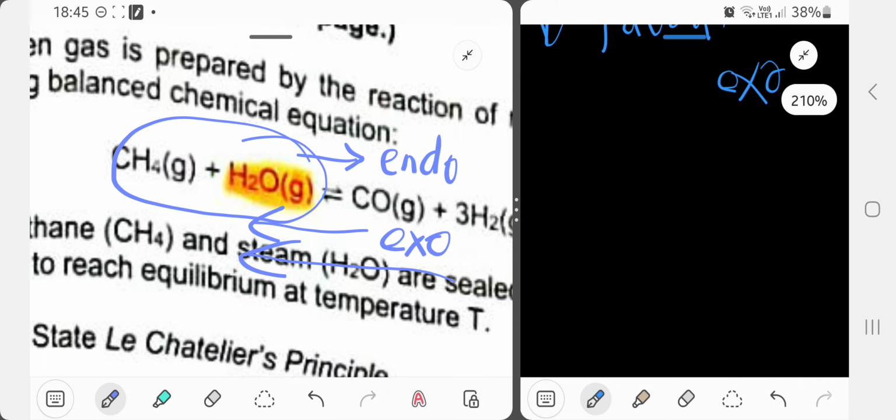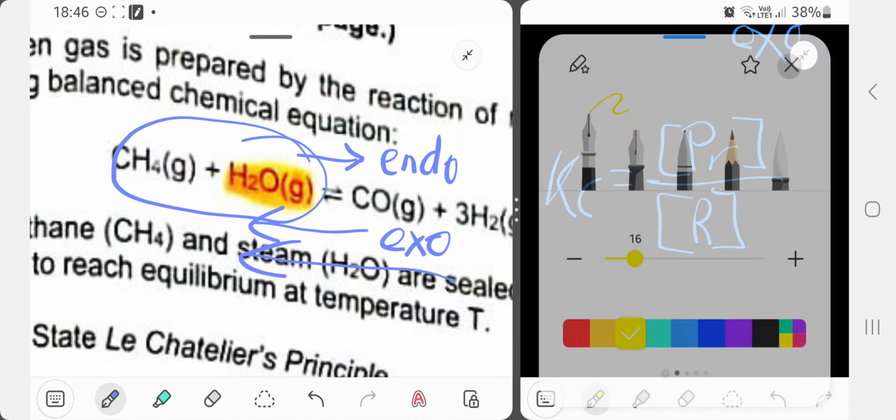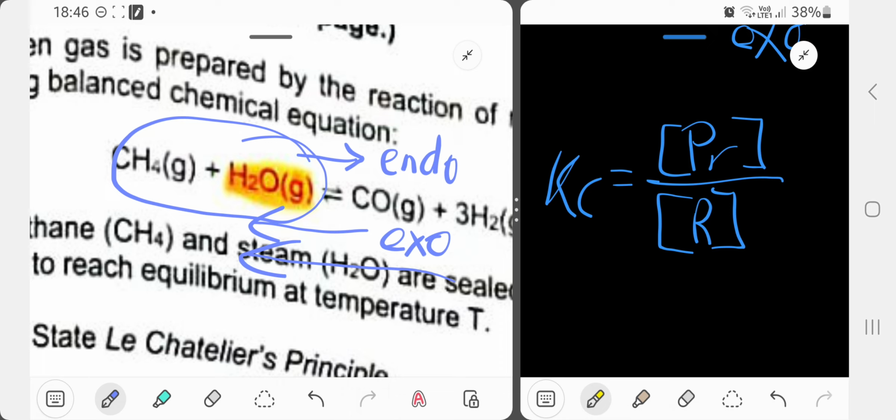You get? So now look at this. Kc is equal to the concentration of products over the concentration of the reactants. I just like doing these things in a mathematical way, it makes us understand. So Kc is the products over reactants.